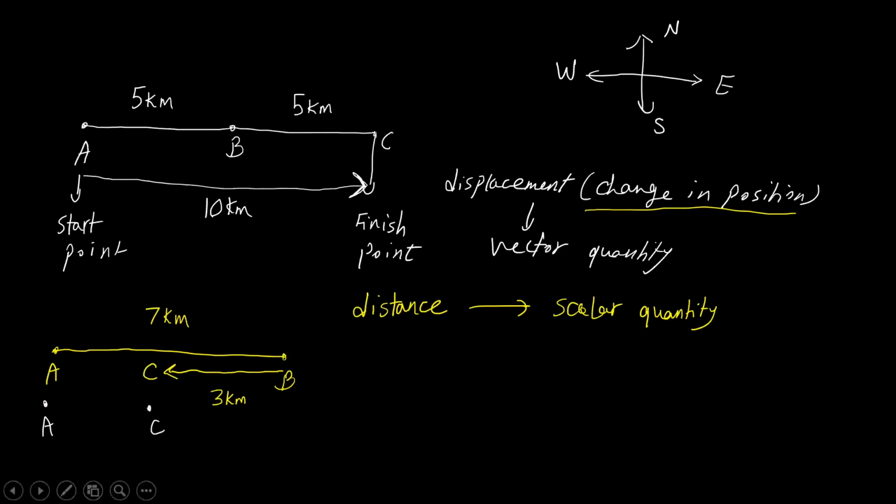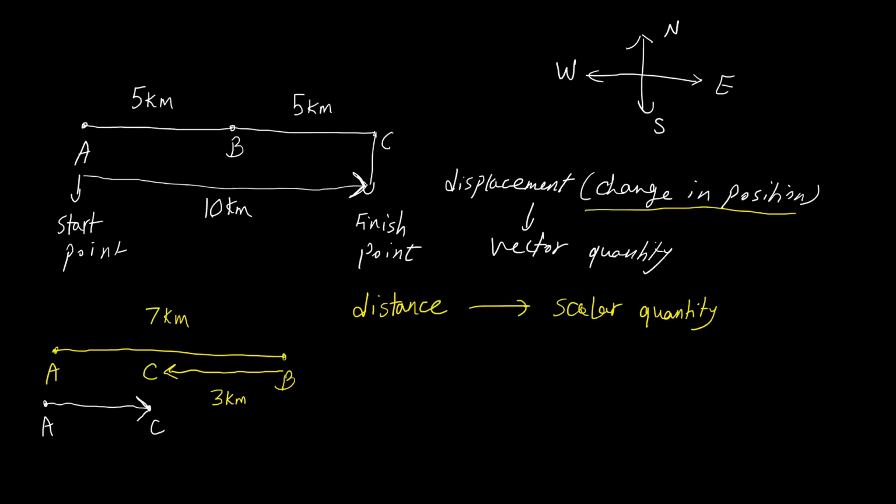Because I'm talking about displacement, I'm talking about a vector quantity. Definitely the direction is really important. So I need to connect point A to C. It means my start point to my finish point. The direction of the arrow is from the start point to the finish point.